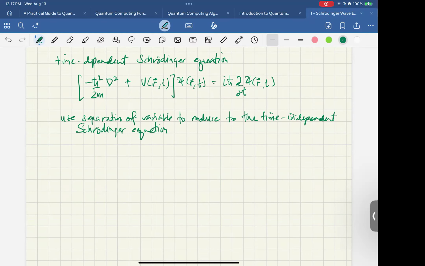And the variable that is time dependent is given by exponential i omega times t. So that is basically how, let's say, the Schrödinger equation is derived, quote unquote.